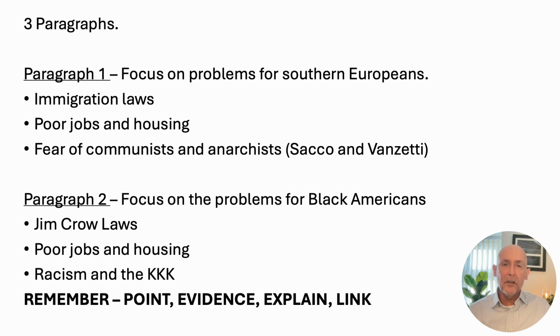You should be digging through your notes and finding some good detailed examples. Once again, poor housing, poor jobs, poor wages, and then finally we can write about the widespread racism, particularly in the southern states of America, and the growth of the Ku Klux Klan, which in the 1920s ends up with a membership of about 1 million people. So you really should be including these kinds of things in the paragraphs to answer this question.